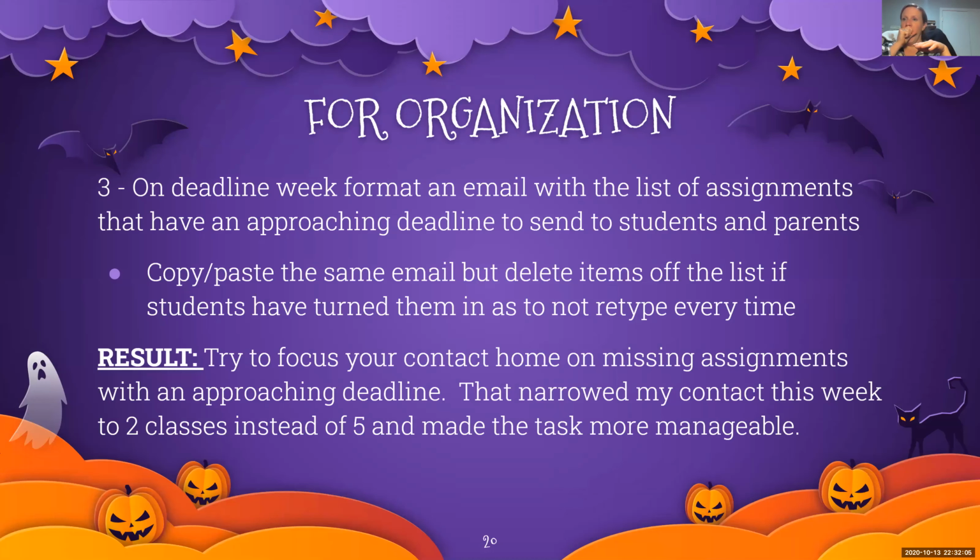And then go down your list that way. The result is that you are focusing on a group of assignments and a group of students at once, not individual assignments for all your students. This teacher said that it narrowed her contact from five classes to two classes, because of the staggering of the deadlines.